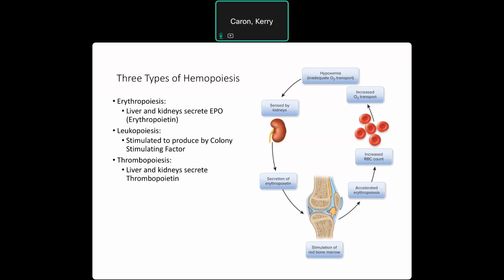Leukopoiesis, leuko meaning white, stimulates colony stimulating factor, which causes us to make white blood cells. And thrombopoiesis creates thrombocytes. It causes the liver and the kidneys to again secrete something called thrombopoietin to increase the number or create thrombocytes.